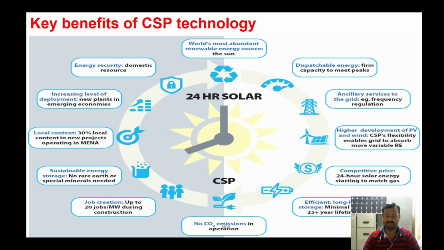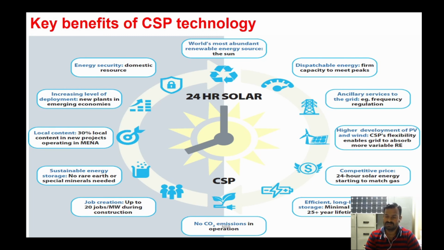Here in the CSP, we are going to store it in the form of heat, in the storage tank, where we are going to have a fluid like molten salt. So this salt is going to keep the temperature in the hot tank, and whenever you need to generate power, we are going to utilize this. And the lifespan of this storage mechanism is about 25 years or more.